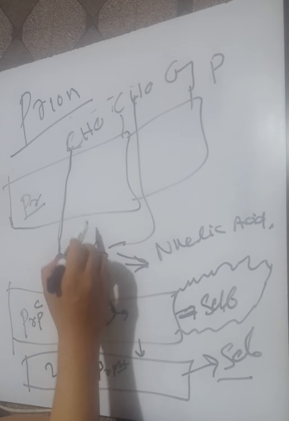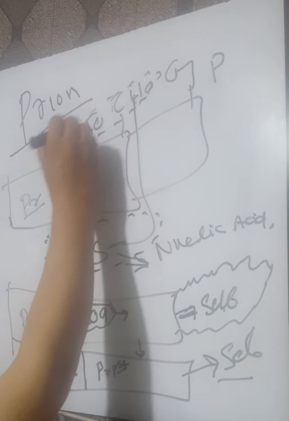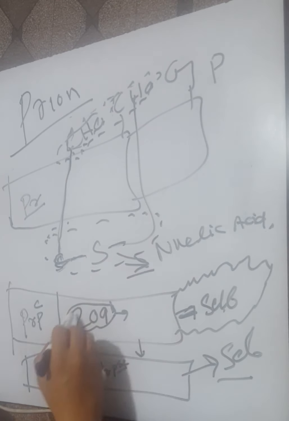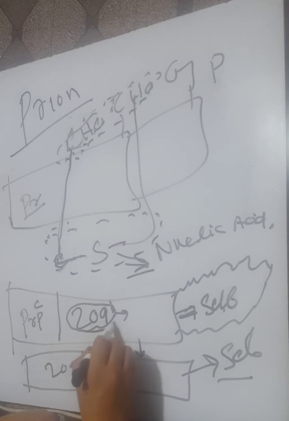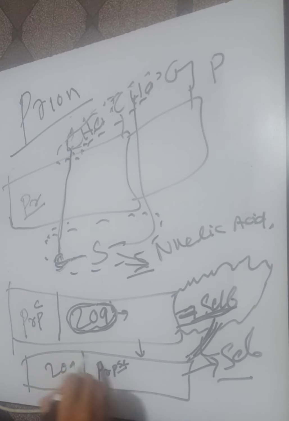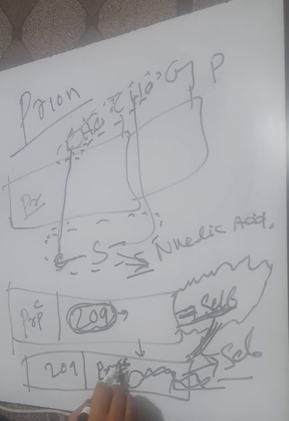They lose this bond and lose some nucleic acids and change into another structure, that is PRPC. It has 209 amino acids, and they self-propagate and change into another structure with 209 amino acids, and that is called PRPSC. This is the dangerous structure.